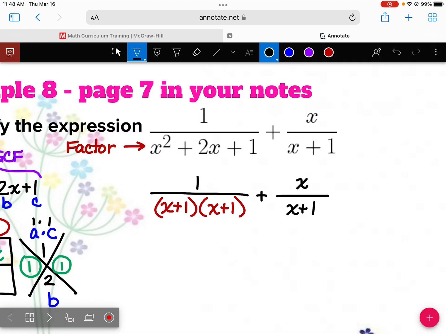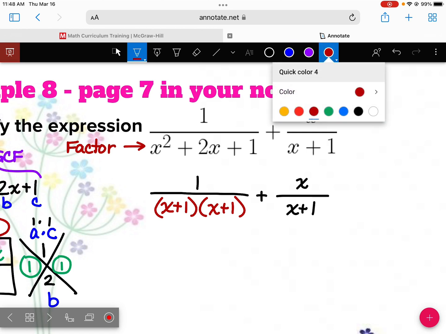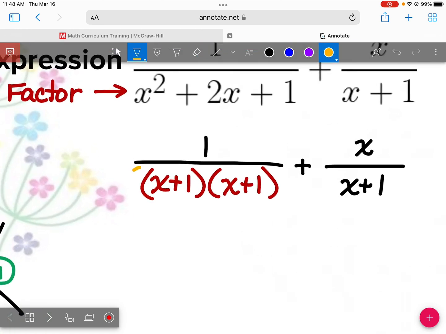All right, so I've recopied my problem, but I factored that denominator. Are these two denominators identical? No. Do they have anything in common? Yeah. x plus 1 is in common with this x plus 1. I can't cancel them. Remember, I'm adding these together. I need the denominators to be identical.